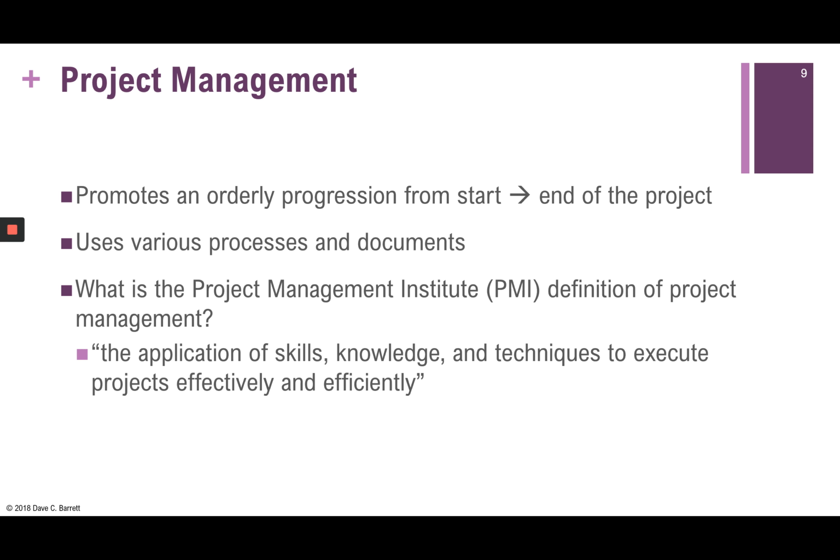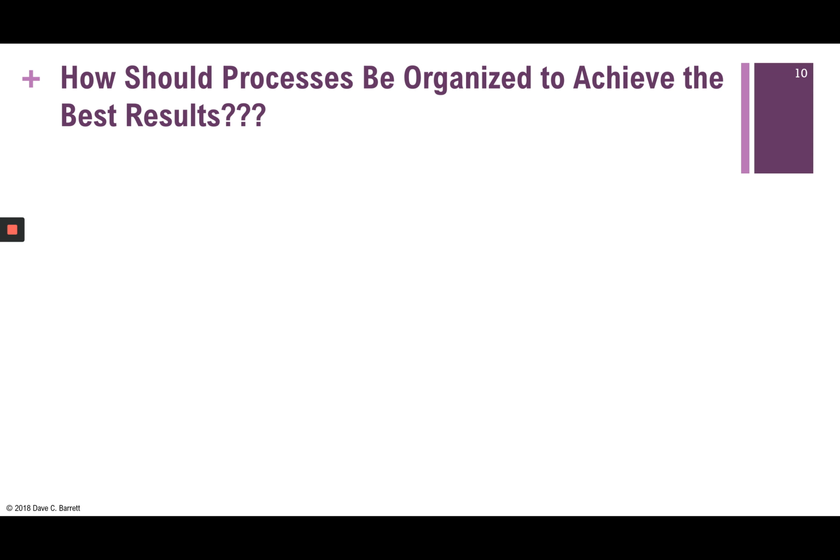So that's what project management is all about, is taking the knowledge and techniques that you're going to learn in this course, as well as the personal skills and so on, some of which you bring and some of which will be emphasized during the course. So bring all that to bear in order to execute projects both effectively and efficiently. Now when we look at project management, the question is, well, how should processes be organized to achieve the best results?